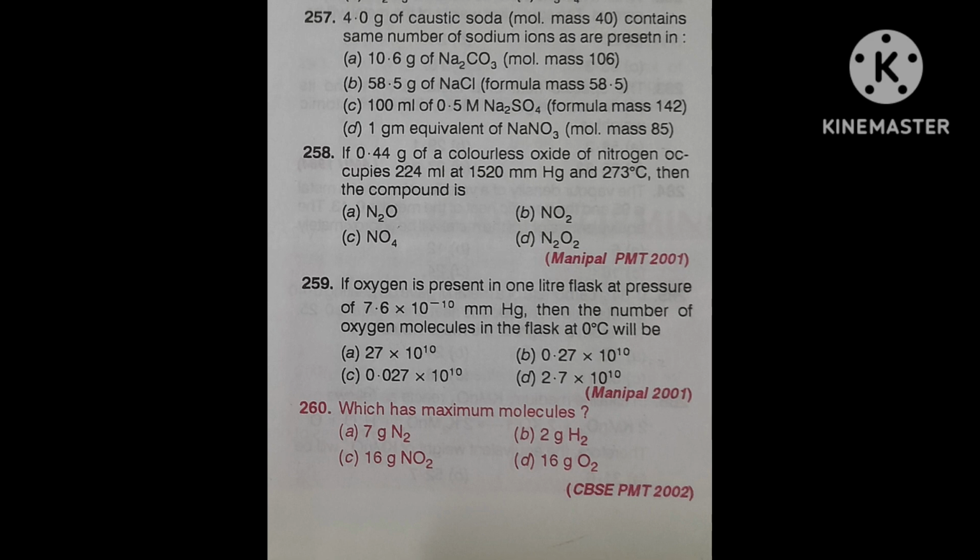Then 273 plus 273, you will get 546 Kelvin. If you add 273 to the temperature in degree centigrade, you will get Kelvin. So T1 is 546.